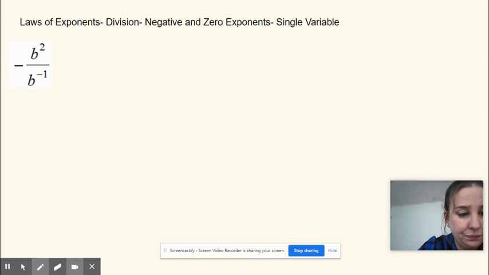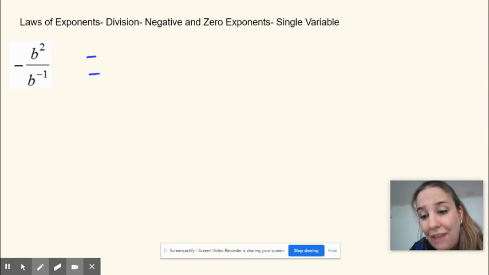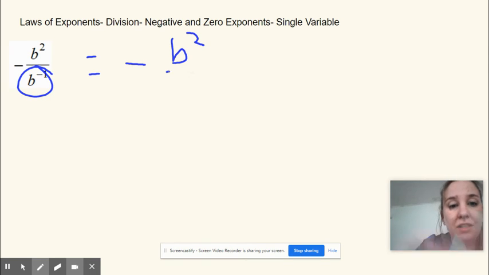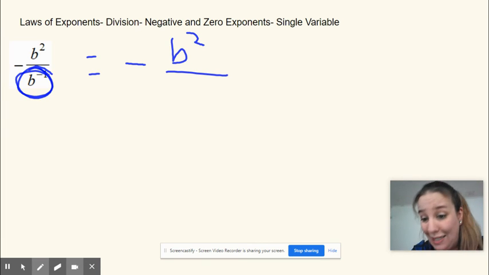All right, now we're going to deal with this one. That negative out in front is not a negative exponent. We're not messing with it. The fraction is just negative, nothing more to that. B to the second. Now this guy, not cool. We could have had a fraction bar, whatever, but this guy is not okay in the basement. So we bring him upstairs to the kitchen to make him happy.